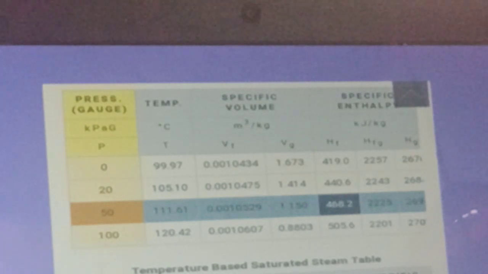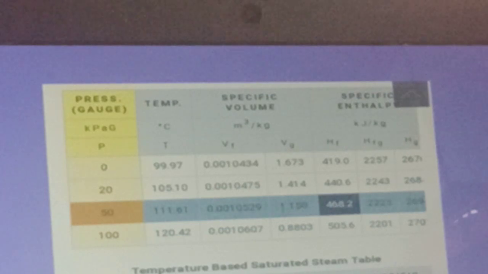The specific volume vf is 0.0010434, 0.0010475, 0.0010529, 0.0010607, and vg is 1.673, 1.414, 1.150, 0.8803.